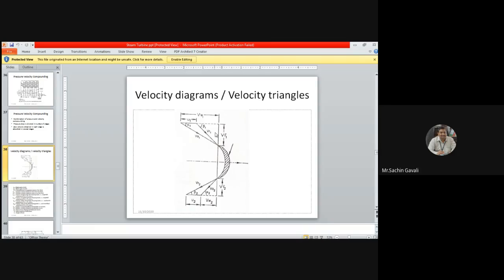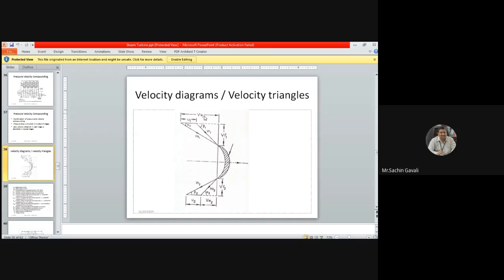Some books have given different notation for the steam velocity components. C is used for steam velocity in some books, but many books use V for the steam velocity. But for blade velocity everybody uses U. So for steam velocity, somebody started with V and somebody with C. Don't get confused.